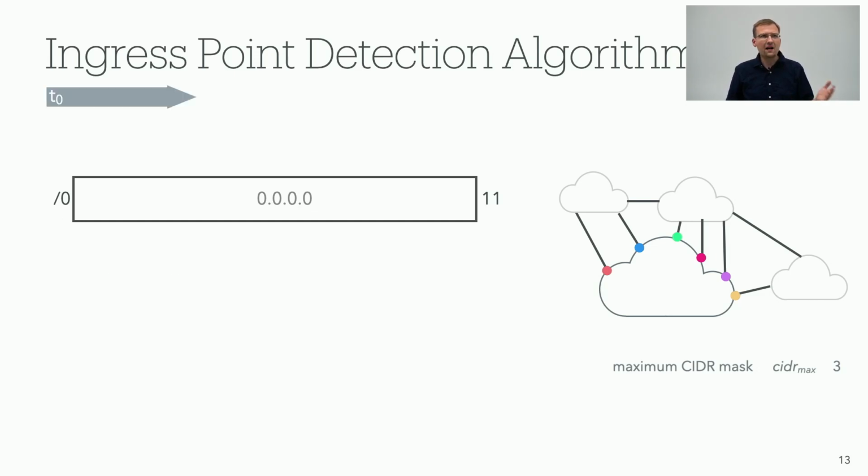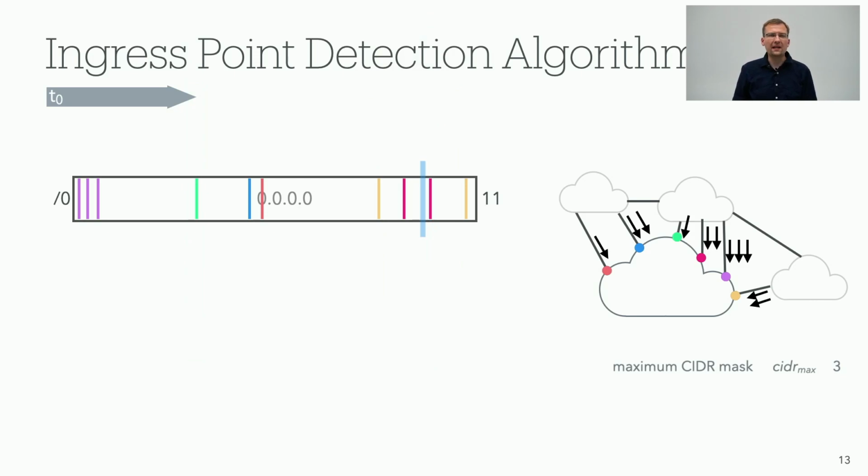Now, at time t0, traffic enters the ISP's network as we see here. As we have seen before in stage 1, we're just concerned with handling, parsing the incoming NetFlow and adding it to a data structure as we see in this rectangle here.